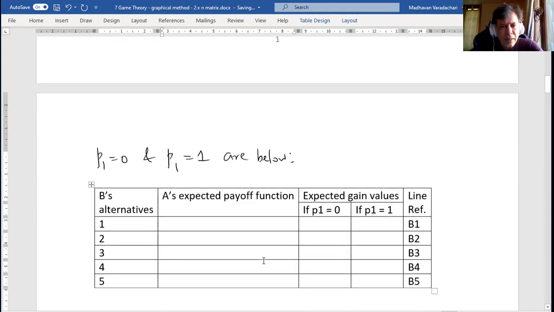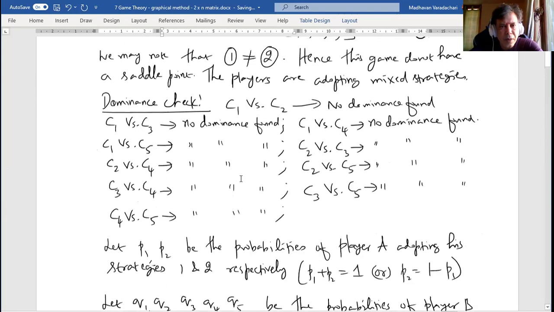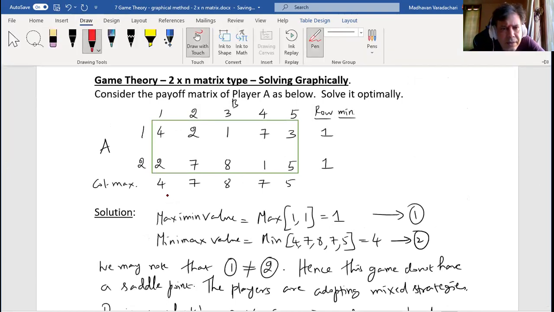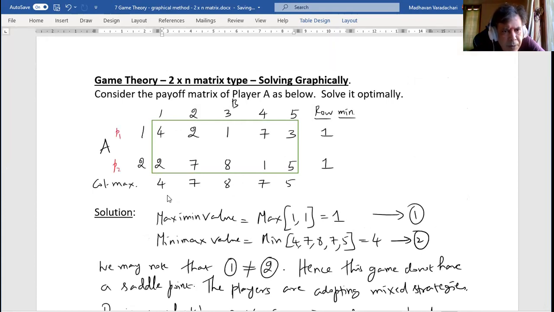Now, how do we write down the expected payoff function? We'll go back to the table. Here, let me write the probabilities. We already said A's probabilities are P1 and P2. This is Q1, Q2, Q3, Q4, and Q5.